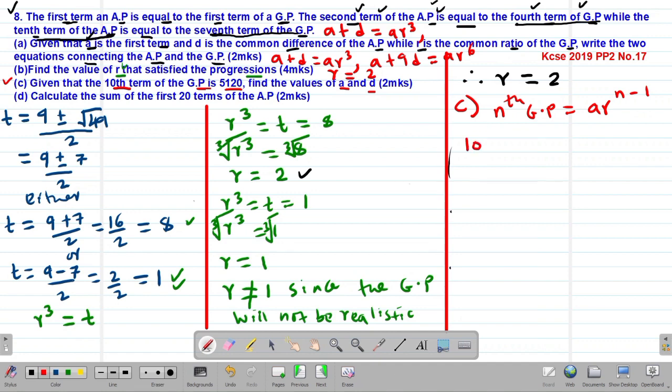Therefore, the 10th term of this particular GP will be AR to the power of 10 minus 1.